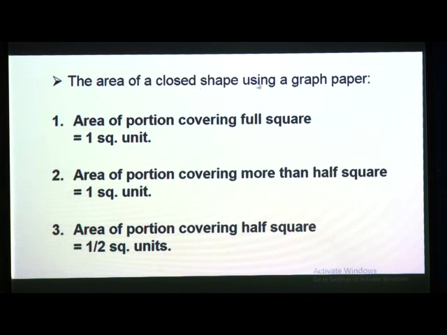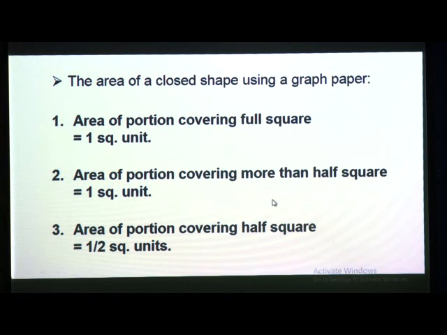Area of a closed shape by using graph paper. Sometimes we have to find the area of irregular shapes, so we can use graph paper to find it. For a portion covering a full square, we take 1 square unit.